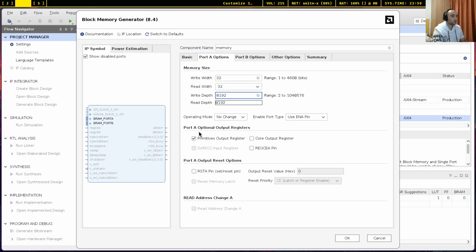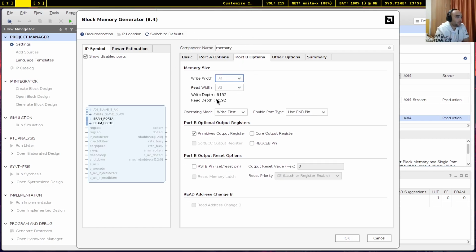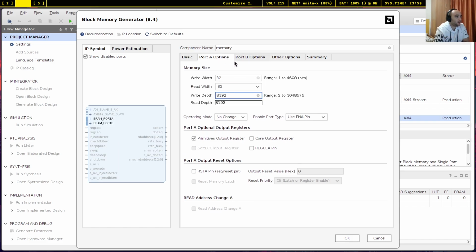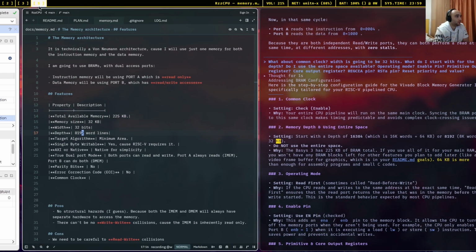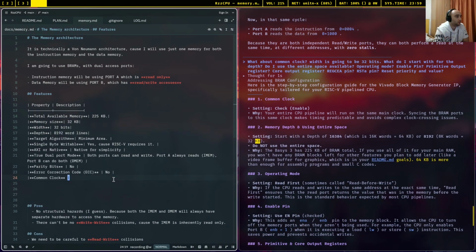That's the same here. Okay, it's the same. Read width, yes. Operating mode. Common clock, yes, of course.